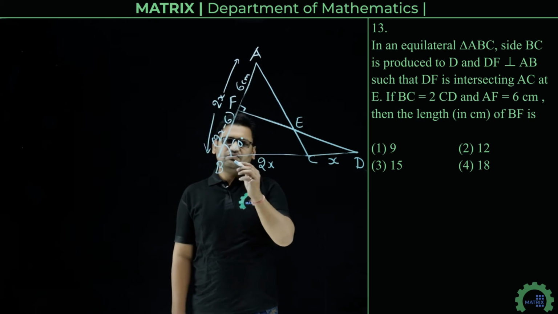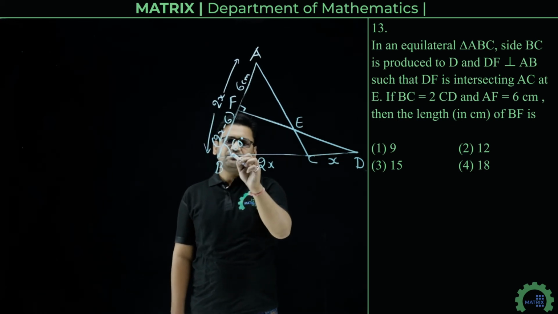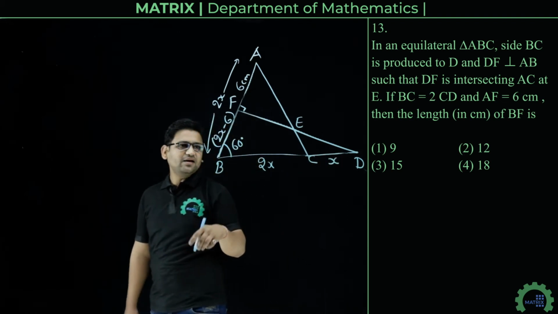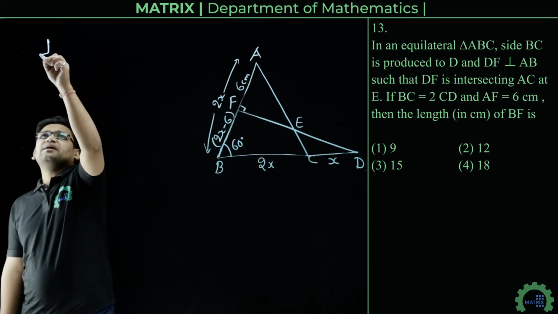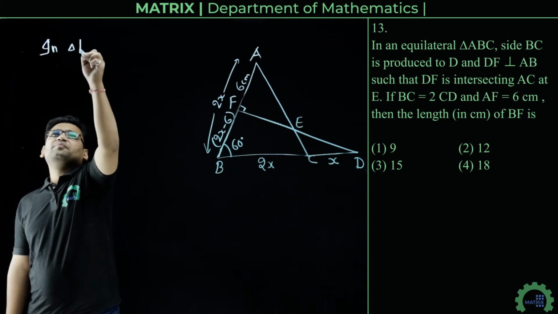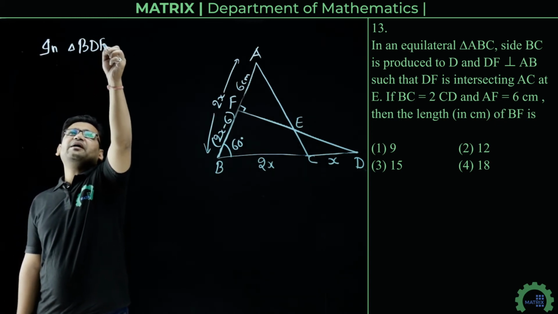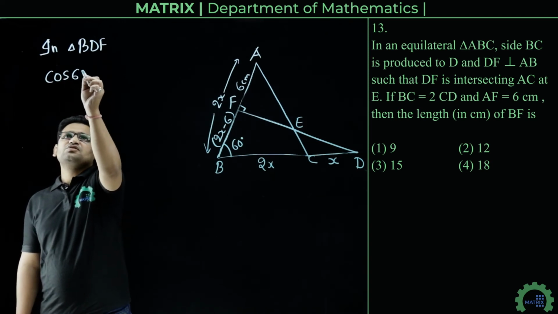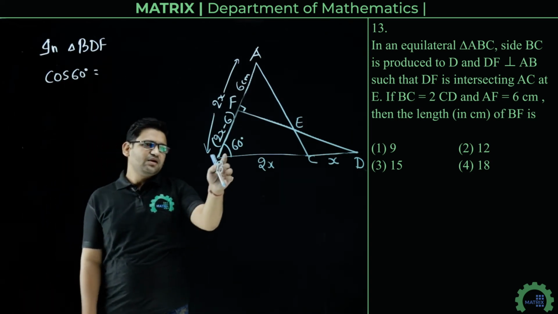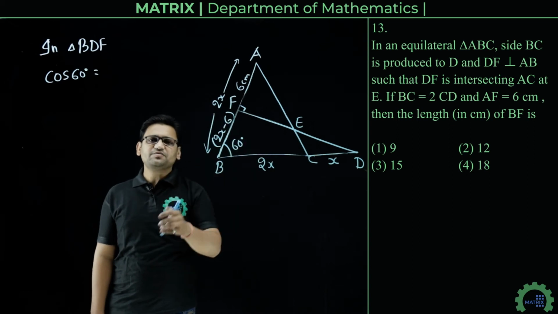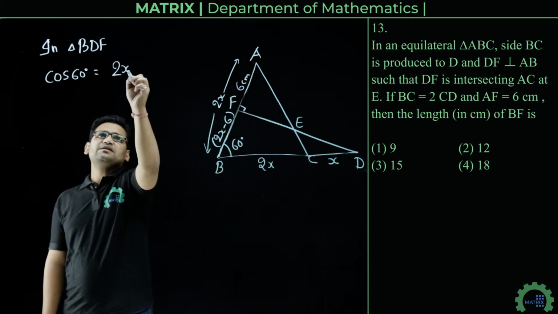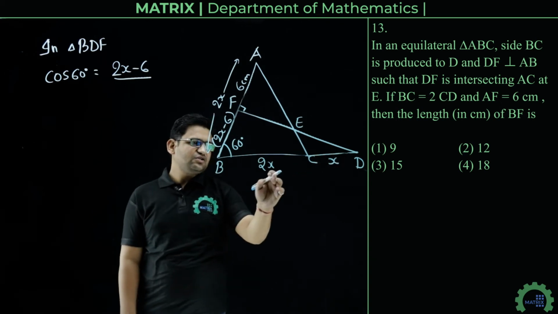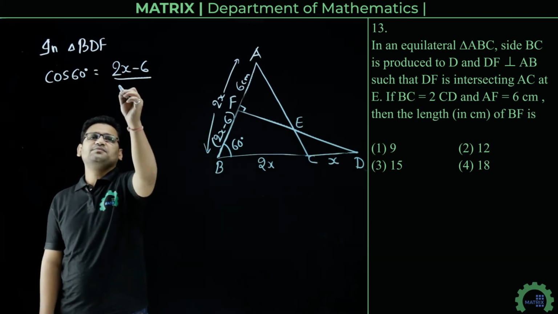So first of all, we can apply trigonometry in triangle BDF. We can write the value of cos 60. So cos 60 here will be base upon hypotenuse, that is 2x minus 6 upon hypotenuse, that is length BD, which is 2x plus x, that is 3x.